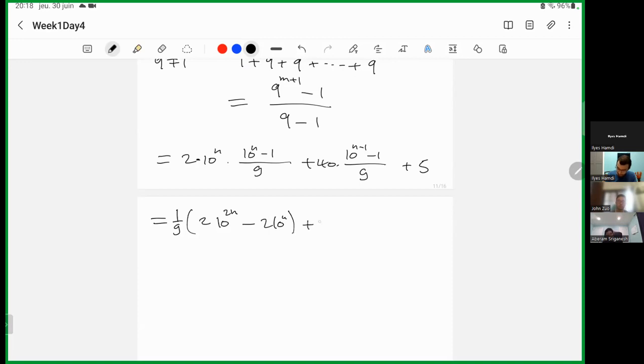And then for the other one, 4 times 10 to the n minus 4 plus 5. Not really helpful. For the moment, I don't know where to go. The only thing I notice is that 9 is a square, 3 squared. But then, how should I find perfect squares in this? I'm not so sure. So let's see.